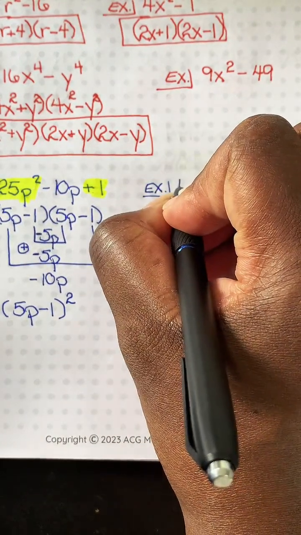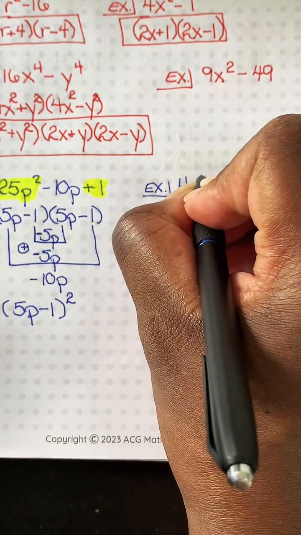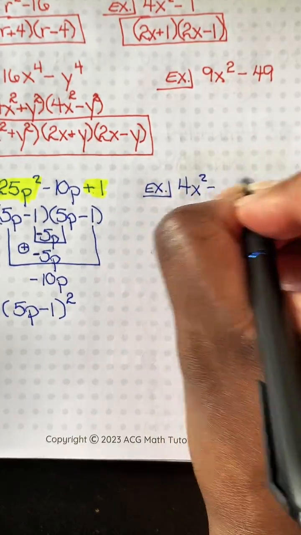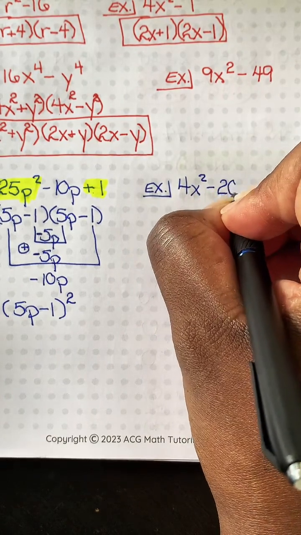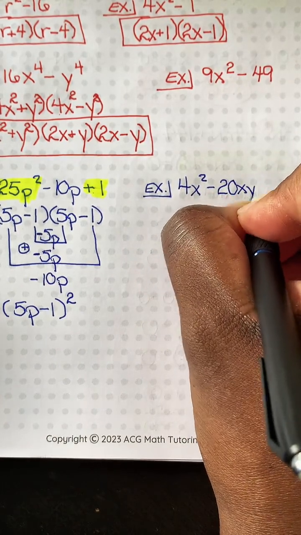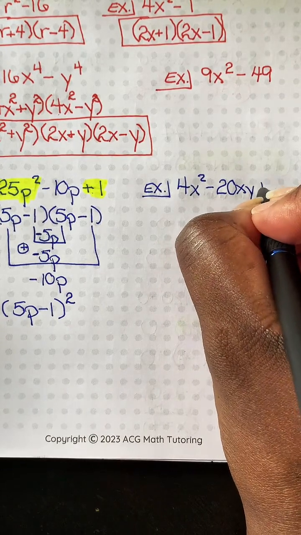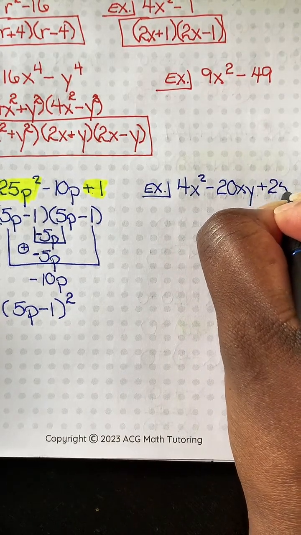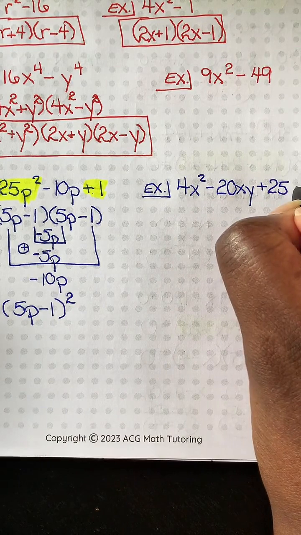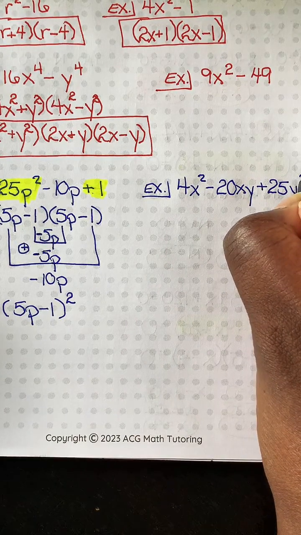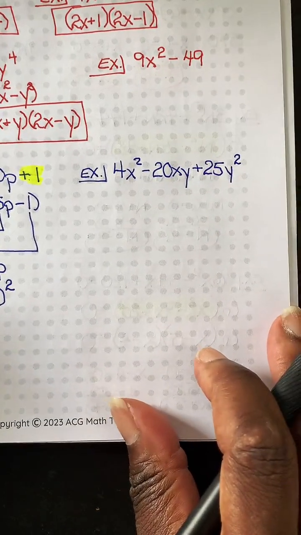All right. So we got 4x squared minus 20xy plus 25y squared.